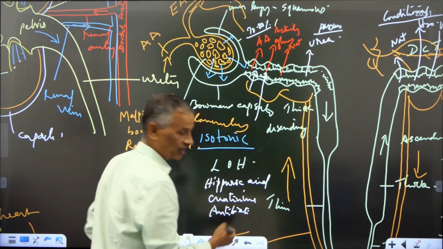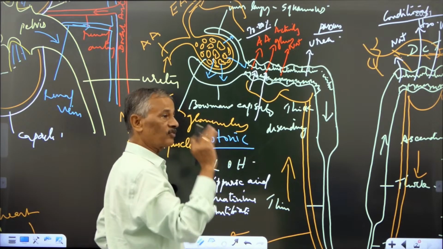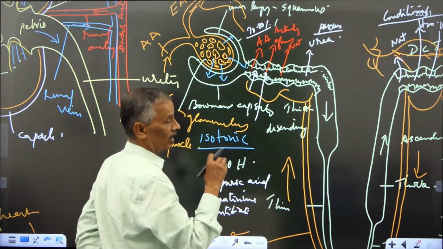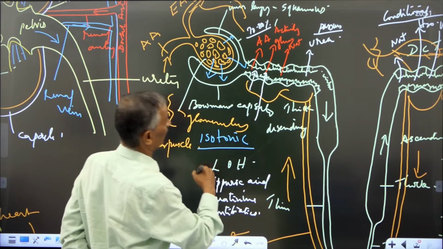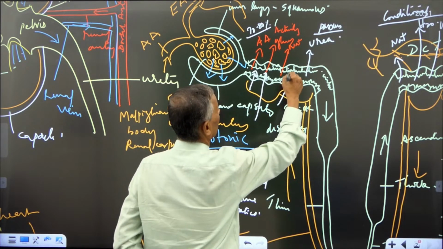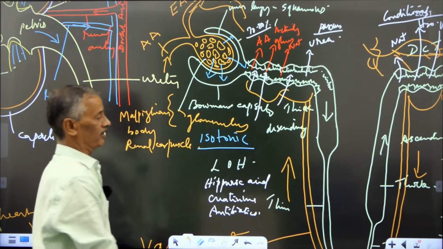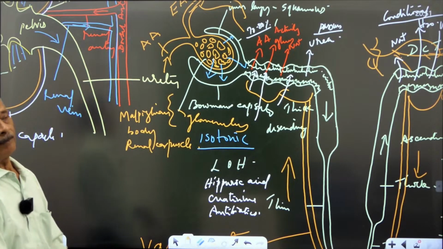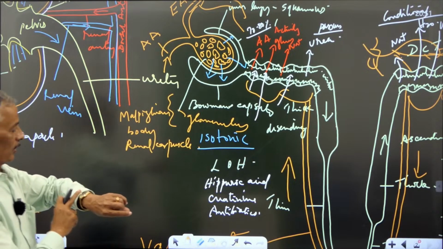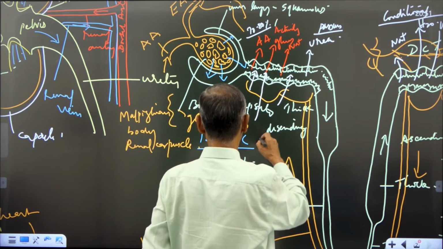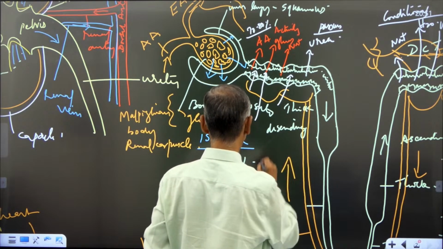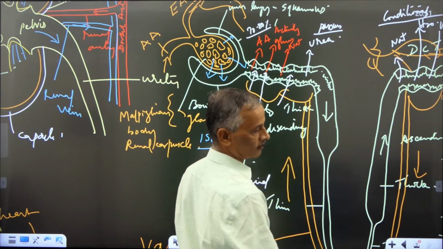Suppose you are taking antibiotics, after their use, they have to be sent out. So antibiotics like penicillin are secreted from the surrounding blood vessels. It is taken and pushed into the tubule. So hippuric acid, creatinine, antibiotics, etc.